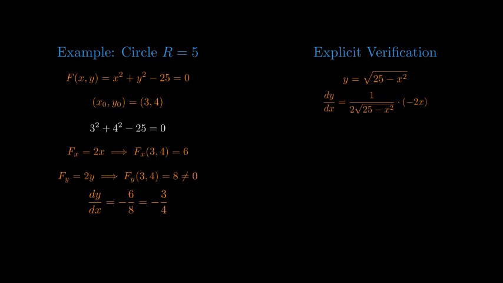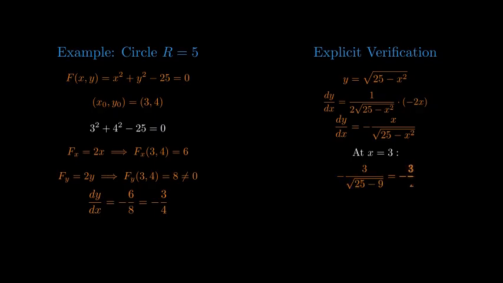If we check this by solving the circle equation explicitly for y, we get y equals the positive square root of 25 minus x squared. Taking the derivative of this explicit function using the chain rule gives 1/2 times the square root of 25 minus x squared in the denominator, multiplied by the inner derivative of negative 2 times x, which simplifies to negative x over the square root of 25 minus x squared.